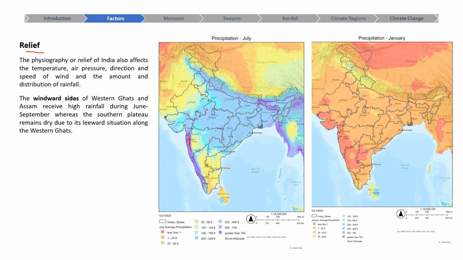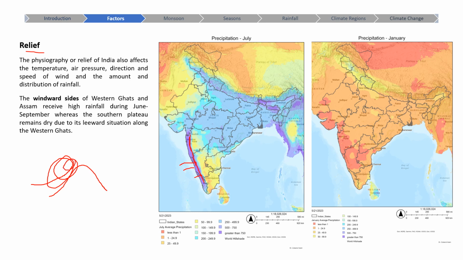Here, the Western Ghats act as a barrier. The monsoon strikes here, and due to this mountain, this area gets more rainfall.